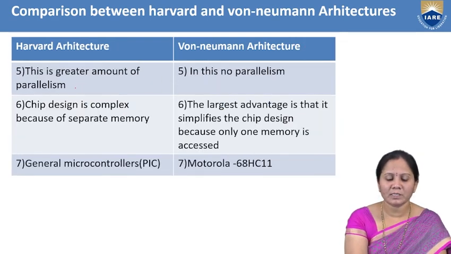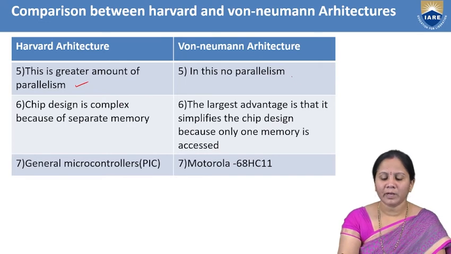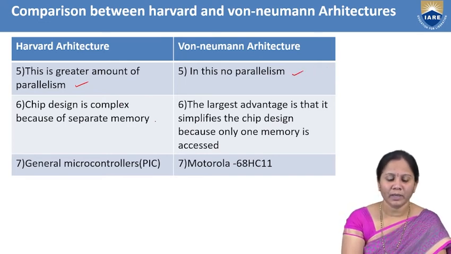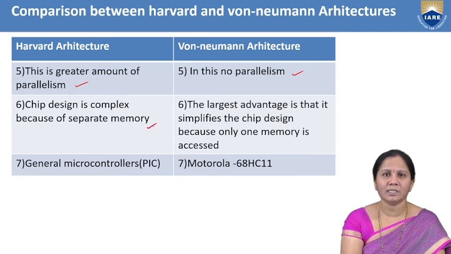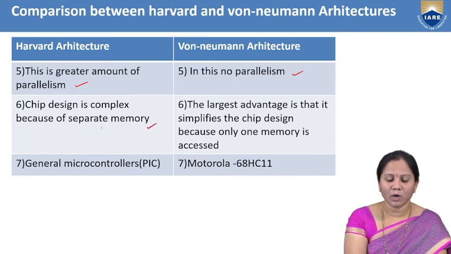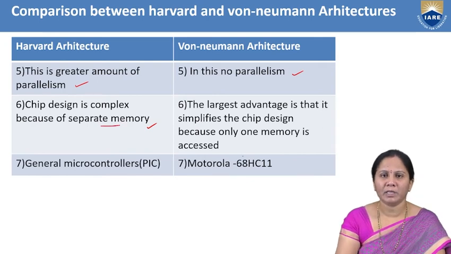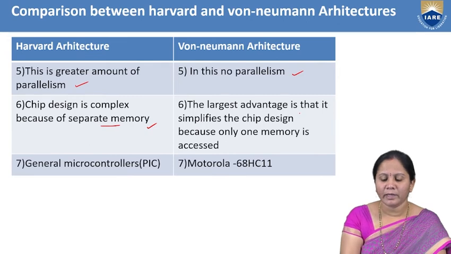Coming to some more differences, hardware architecture supports parallelism, but Von-Neumann architecture doesn't support parallelism. In hardware architecture, chip design is complex because separate memory is there, program and data reside separately. In the Von-Neumann architecture, a large advantage is that it simplifies the chip design because only one memory is accessed.